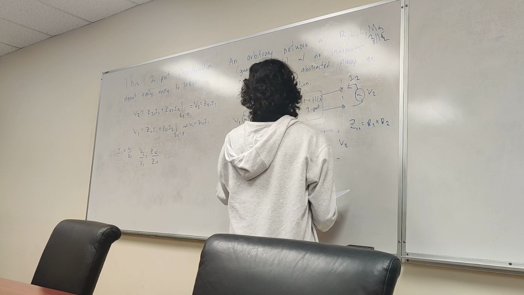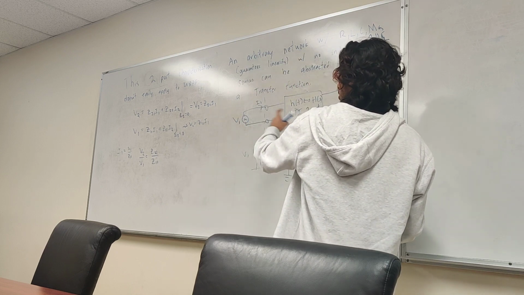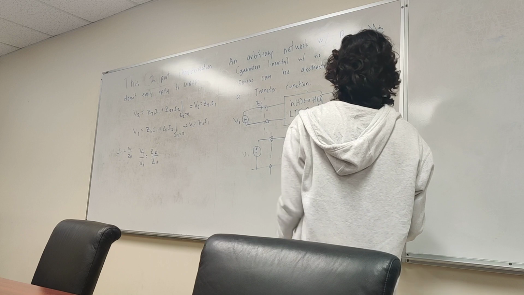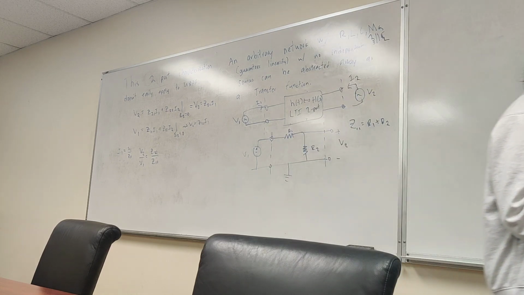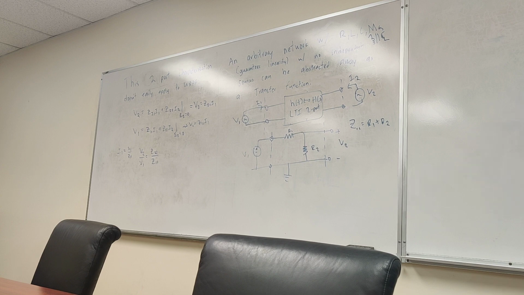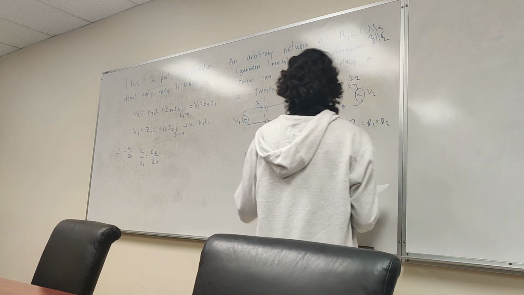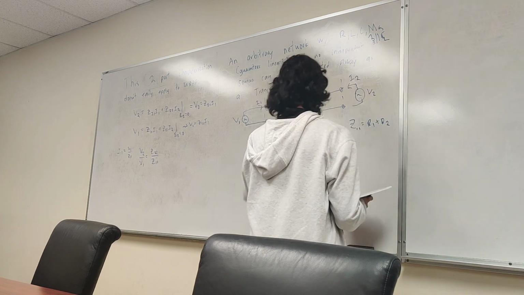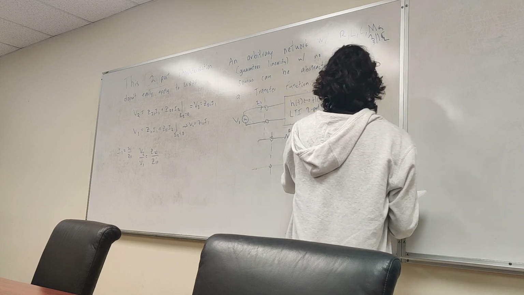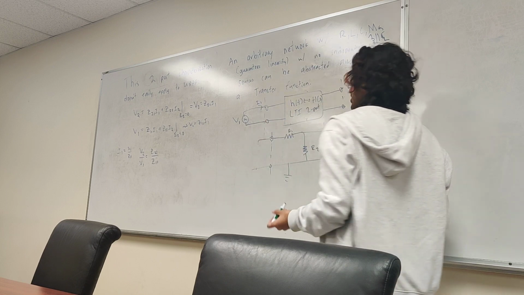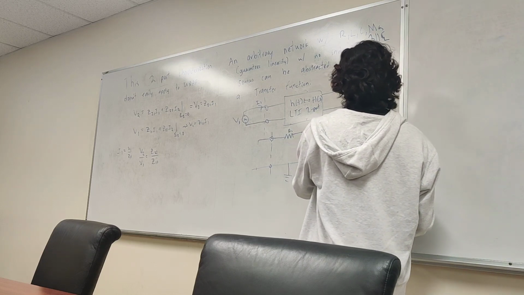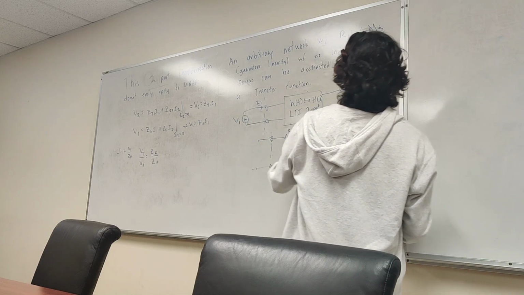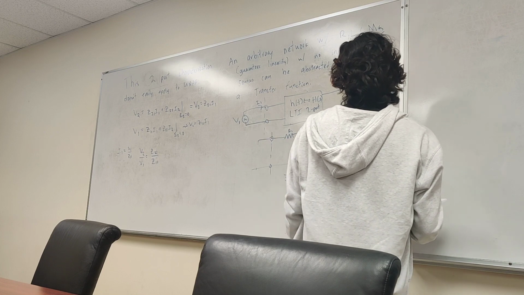Z21 is going to be V2 over I1, given that I2 is 0. So now if we apply a source here, I'm using different colors for the sake of clarity. Now let's remove this source. Again, we can only excite one of these at the same time. Otherwise, how will we determine what's the result of what? Minus V2 here. And we're going to say that I2 is 0.